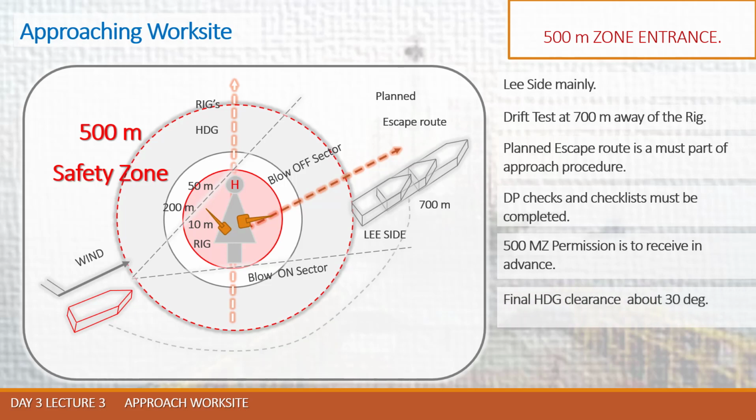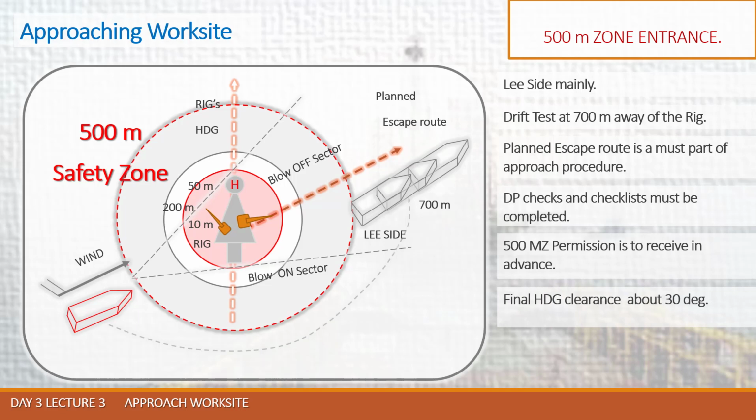Due to the offshore structure shape, the wind may create a blow-on sector and a blow-off sector. It is recommended to proceed under the rig in the blow-off sector if available, and it is not recommended to cross the blow-on sector at short proximity to the rig.